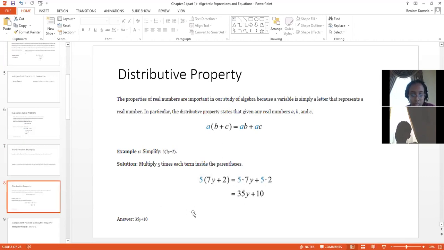And these are unlike terms, so you can't combine them. Does this make sense? This property is important: a times the parentheses b plus c equals ab plus ac. So you're distributing the a to both the b and the c. Does this make sense? Yes.